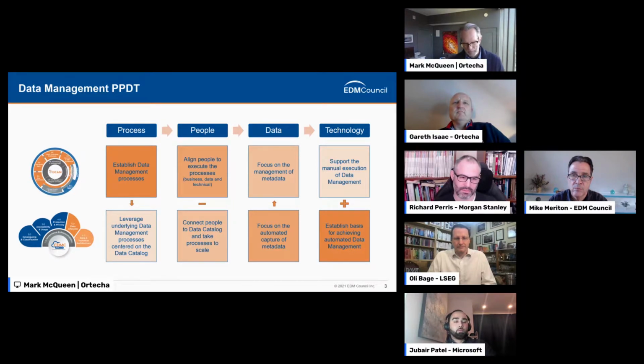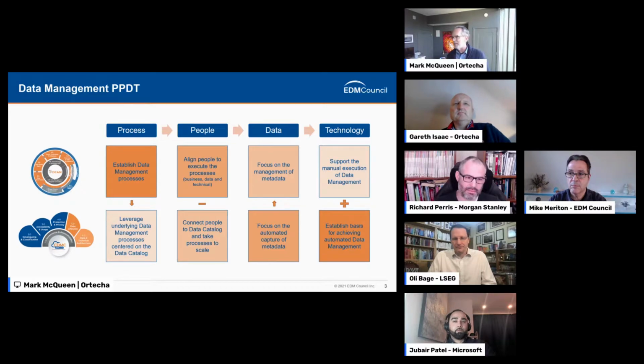Whereas CDMC, this light orange color, is leveraging those foundational capabilities that DCAM defines, connecting people to a data catalog, really heavy influence on the data catalog and how that data catalog can drive everything through your execution.